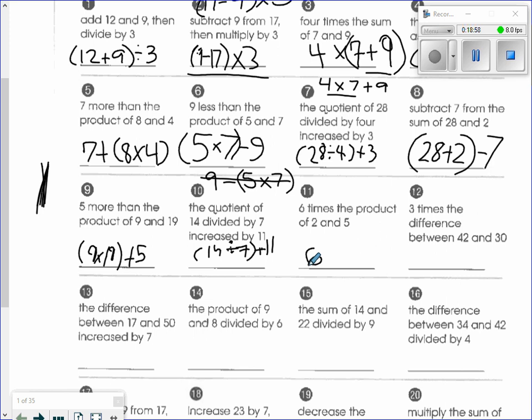So times, what does product mean? Have you done this? Look at the paper over there. I bet it's on it. 6 times the product of 2 and 5.